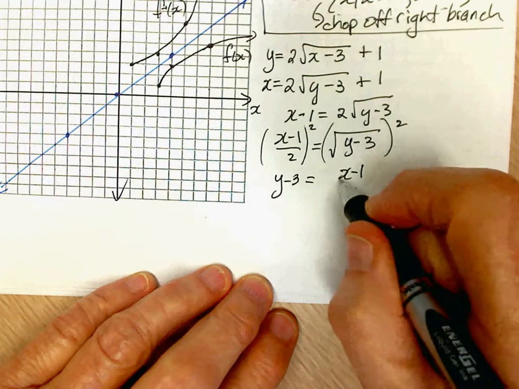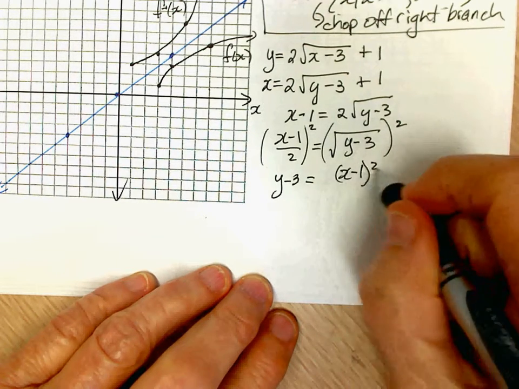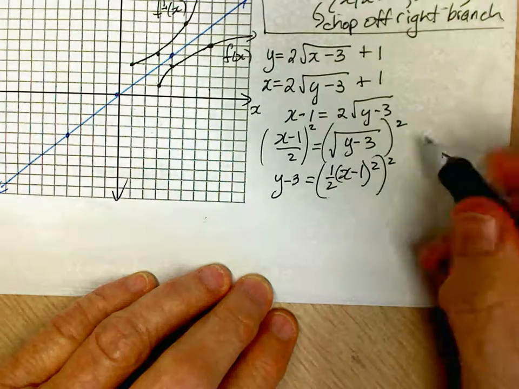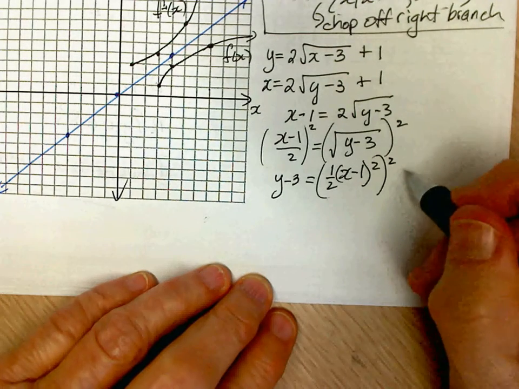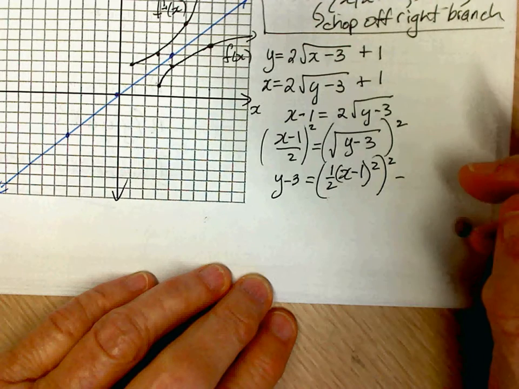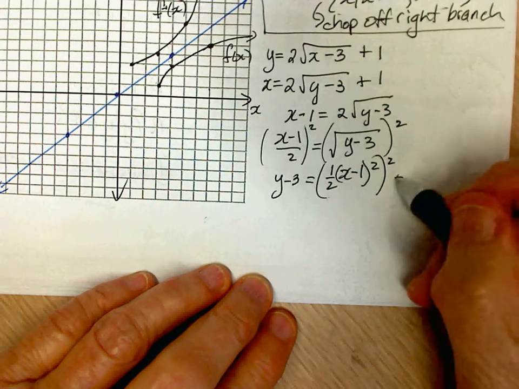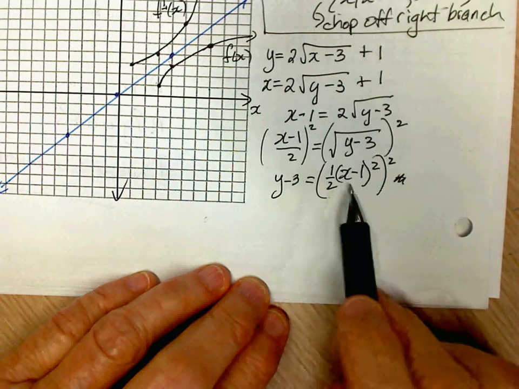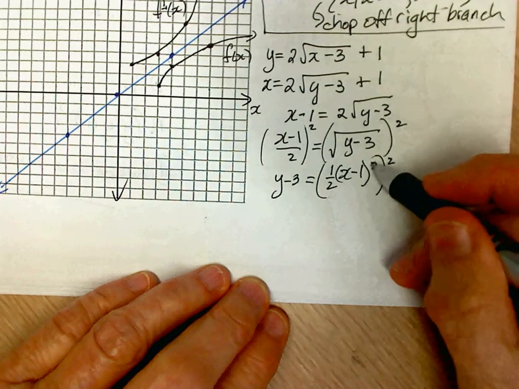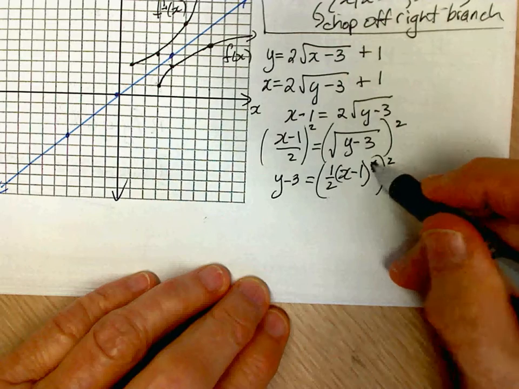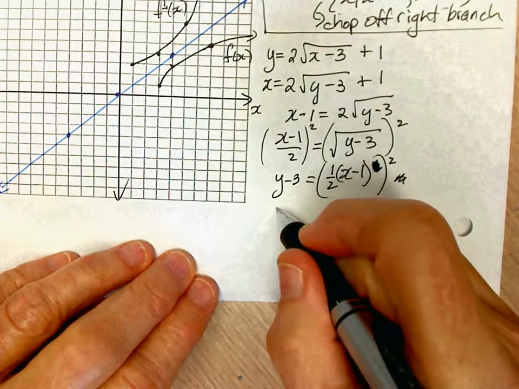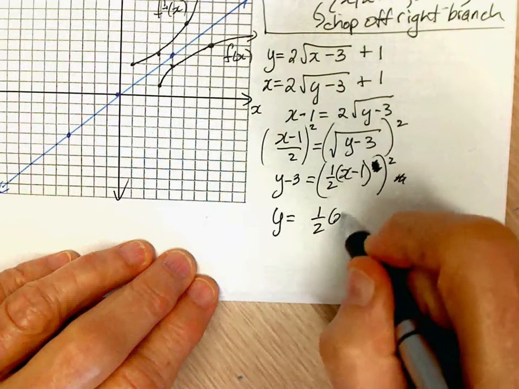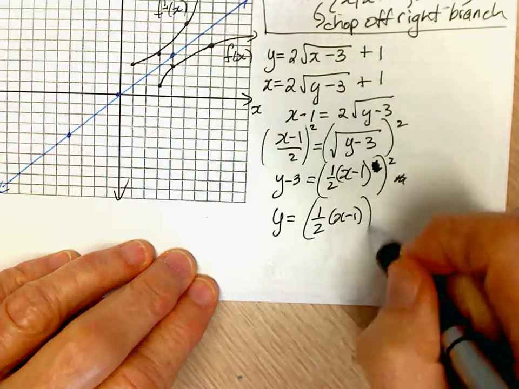I'm going to put a half in there, squared, just rewriting it a little bit, factoring out the half. So y equals 1/2 (x minus 1) all squared, plus 3.